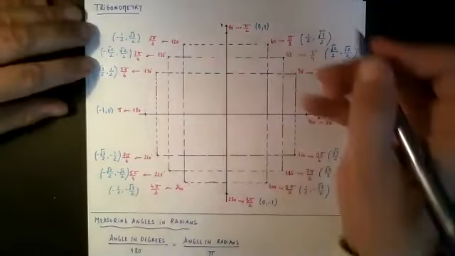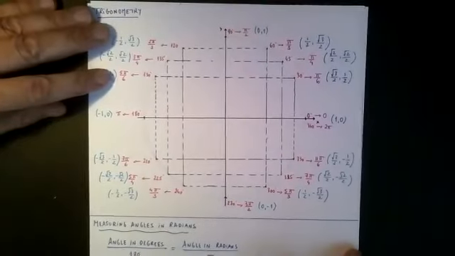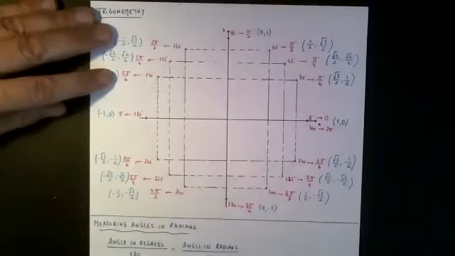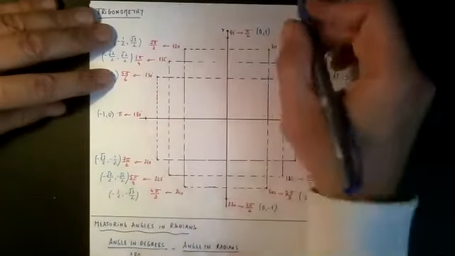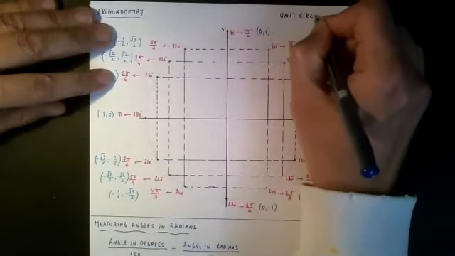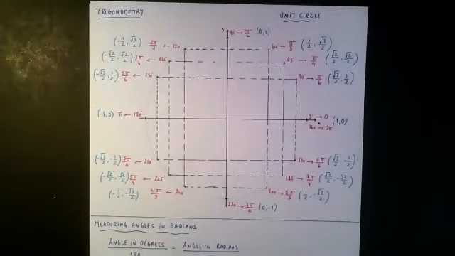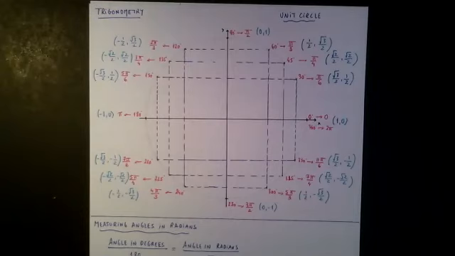Okay, so this is what we call the unit circle. I showed it to you last class. I told you the name of it. So this is called the unit circle. Okay, because it has a radius of 1. And these are all the very important points that you need to know.